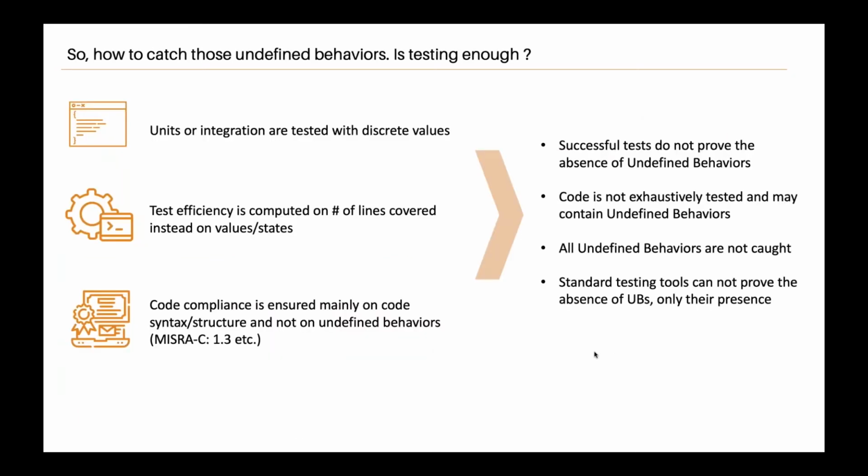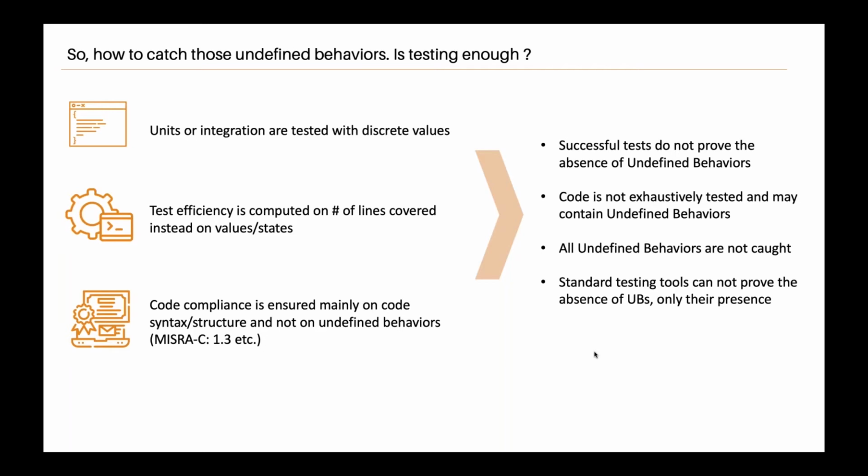So okay, we understand that we need to catch all those undefined behaviors, but how do we do it? Is testing enough? A lot of companies are doing testing today, which is great. It's the best way to start testing and verifying your source code. But is it enough to catch all the undefined behaviors, and to have full confidence that there is nothing left in the source code?